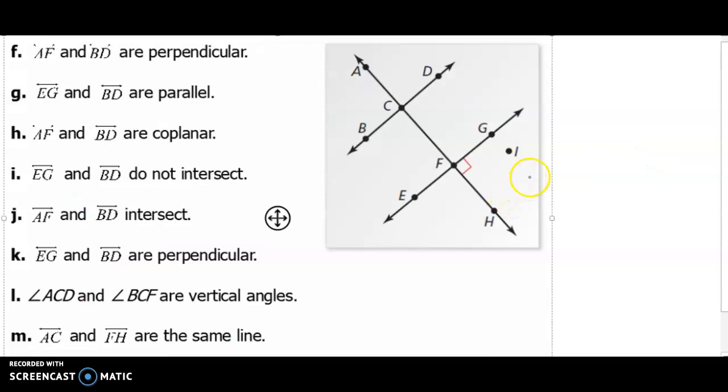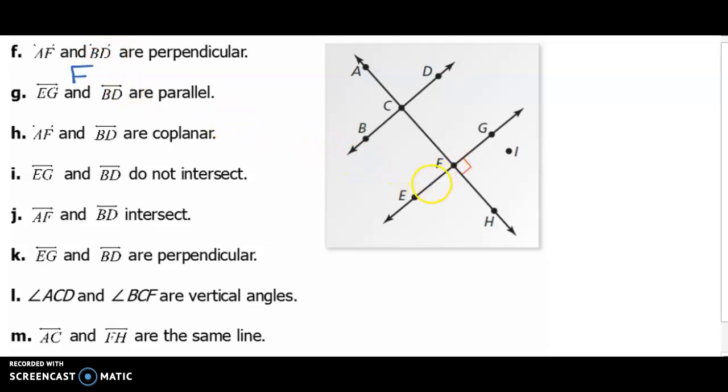All right, here are some more. So AF and BD, so this line here and this line here, are perpendicular. Well, they look like it, but notice that there's no right angles anywhere in here, and nothing tells us that they are perpendicular. So while they do look like it, we cannot know that for true, so that's false.